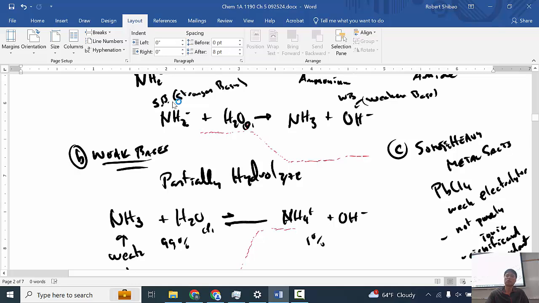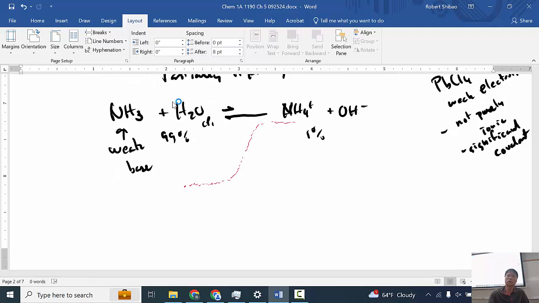Covalent, as you recall, is the sharing of electrons in the bond. Which brings us to non-electrolytes. Non-electrolytes are everything else.